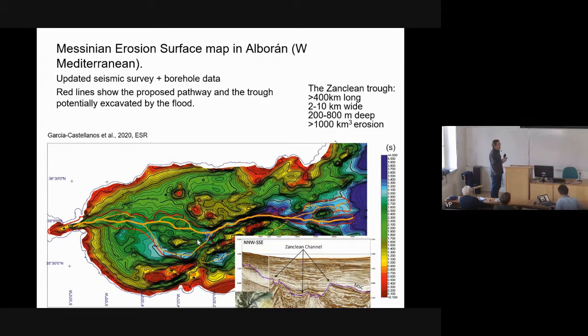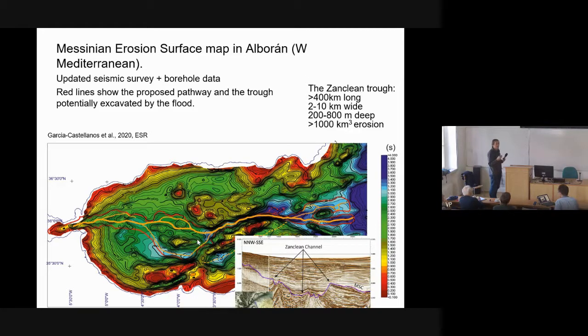And this is what we proposed already years ago. I'm not showing those old results, but this is what we propose as the place through which the refilling of the Mediterranean occurred. And the thing is that to explain the size of this, there is no way that you can explain that without a very rapid refill in less than a few years of the entire Mediterranean Sea.